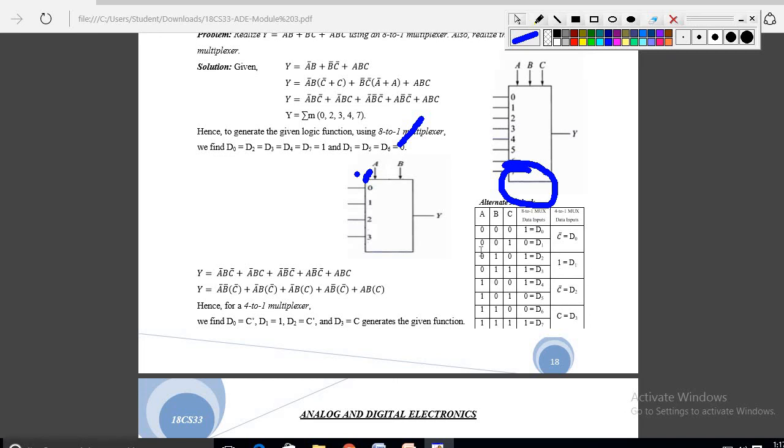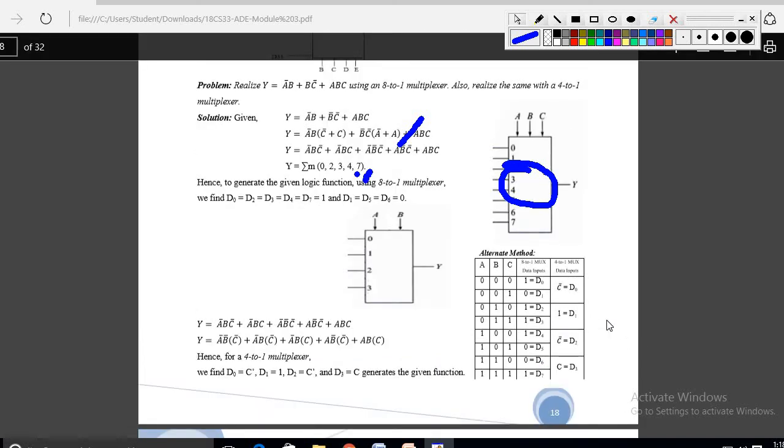See here in this diagram, for 0 0 0 and 0 0 1 the output should be 1 and 0, so it is D0, or D bar. For 0 1 0 we get 1, and 0 1 1 it should be 1. So here it is 1, and I need to get it as D1. In the previous truth table we already saw this. So D bar, D1, D2, D3. The last input should be what? The 7th, 0 to 7. So 7 should be D.